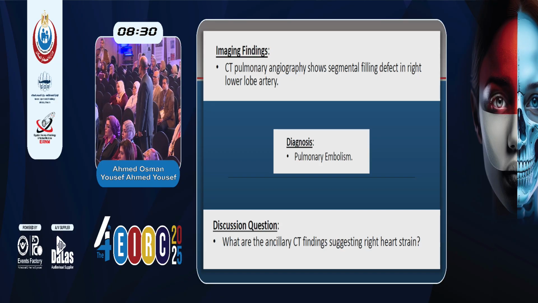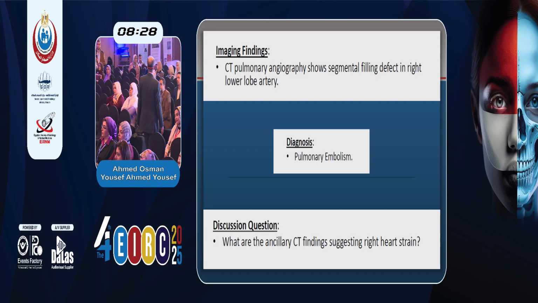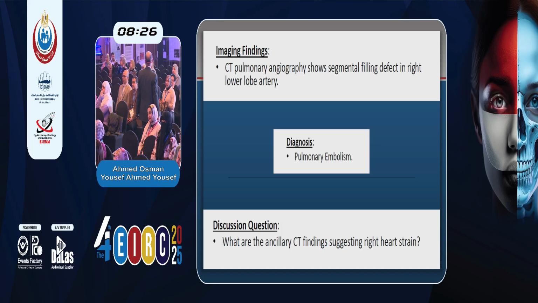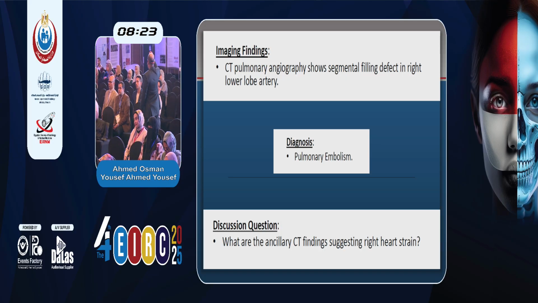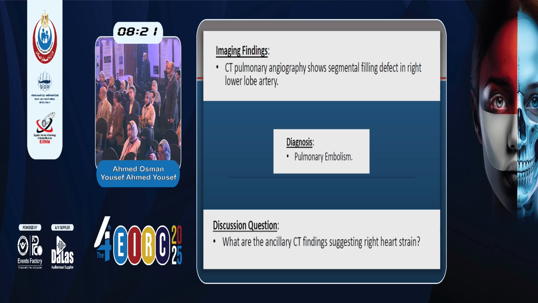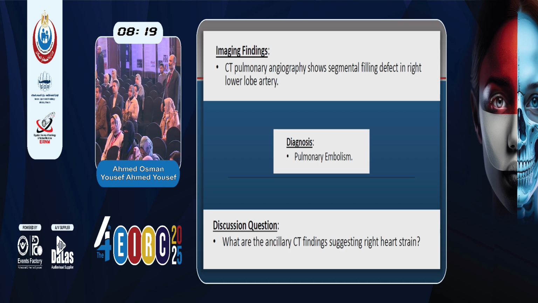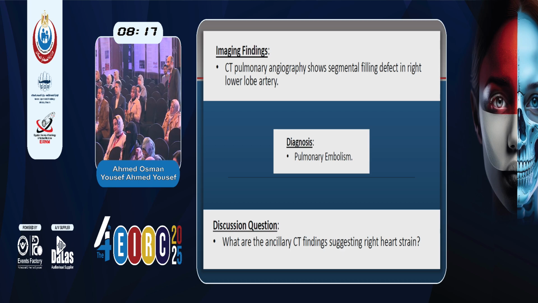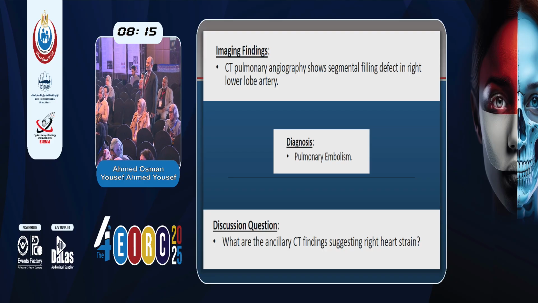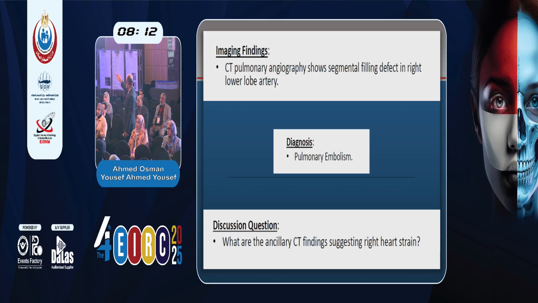There was a consensus between the ECR and the Thoracic Society. They told us we must put in the report the severity of the pulmonary embolism and the presence or absence of right ventricular strain.